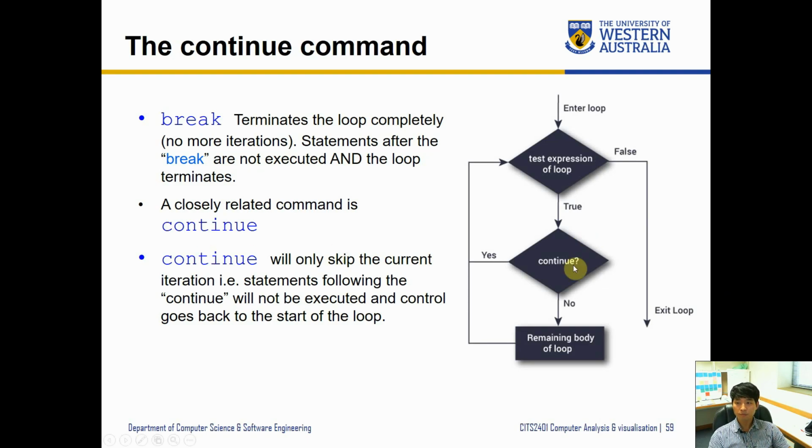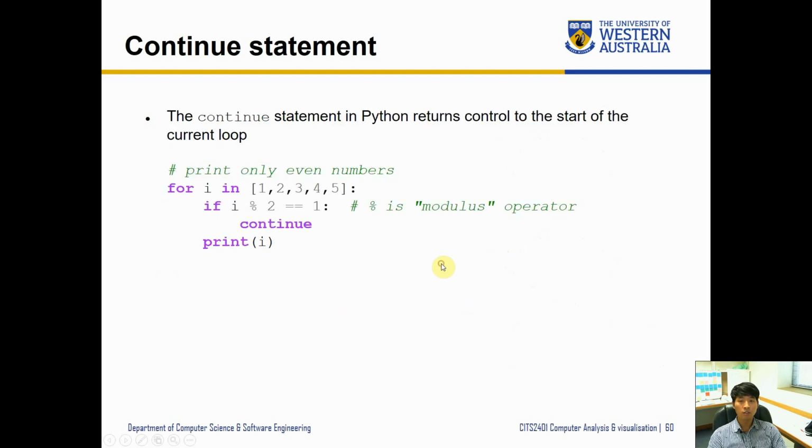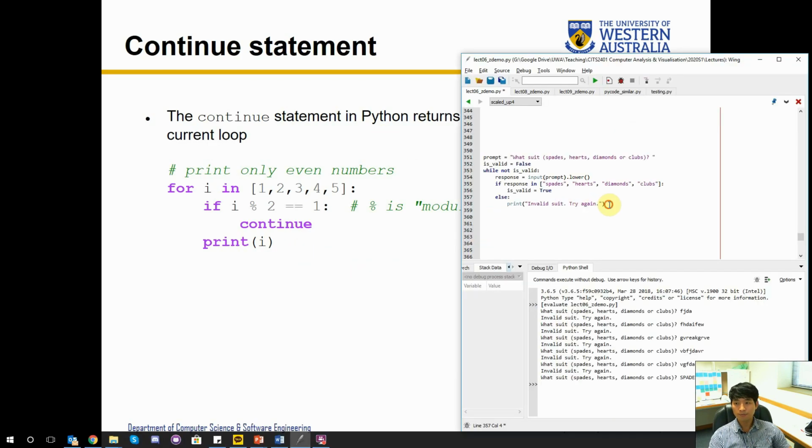So continue will go back to our expression and run it again, whereas break will break out of the loop straight away. Okay, so the use of the continue statement looks like this. The continue statement in Python returns control to the start of the current loop. Okay, so let's give this a go.